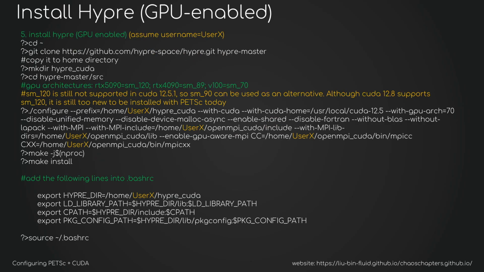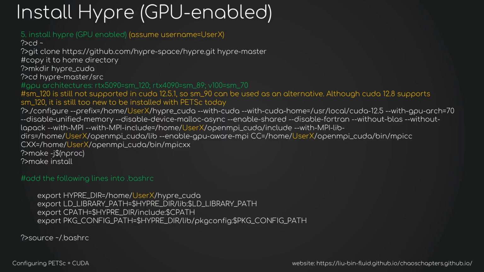After installing GDRCopy, UCX, hwloc, and Open MPI packages, we can start installing the GPU-enabled Hypre package. Similar to the other packages, we enter the user's home directory, create a folder called hypre_CUDA, and pull the GitHub repository of the latest Hypre to the local host. Once we enter the src folder inside the root directory of Hypre, we type configure together with the configuration flags as shown here.